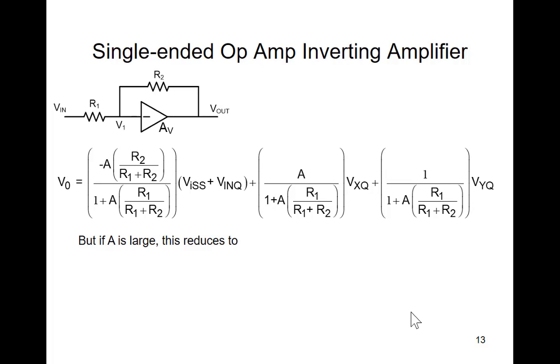And if A is large, this disappears. So for a large slope on this single-ended input, single output structure, the output is approximately equal to minus R2 over R1 Vin small signal, plus Vxq, plus R2 over R1 times Vxq minus Vinq. Okay.